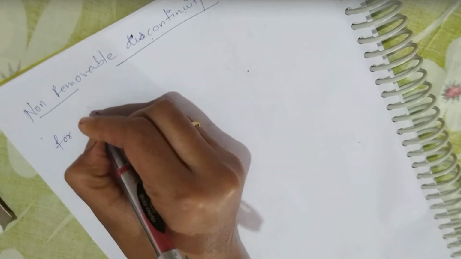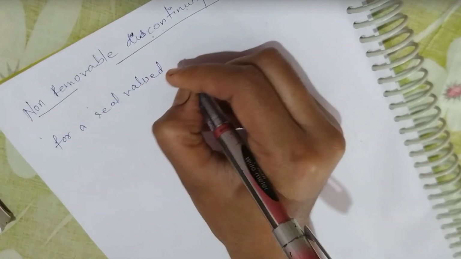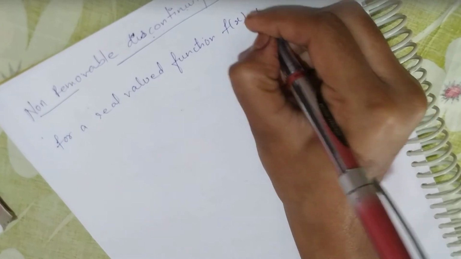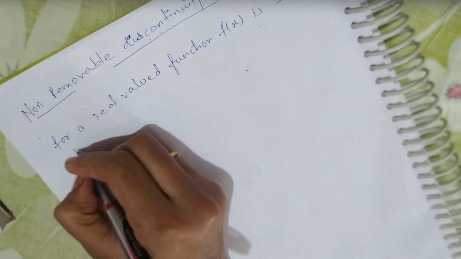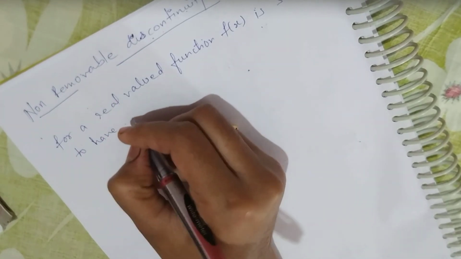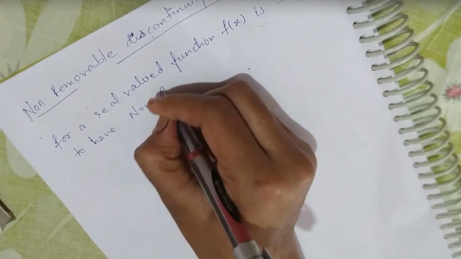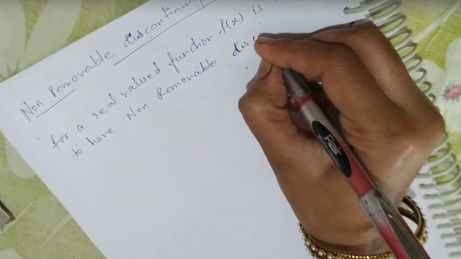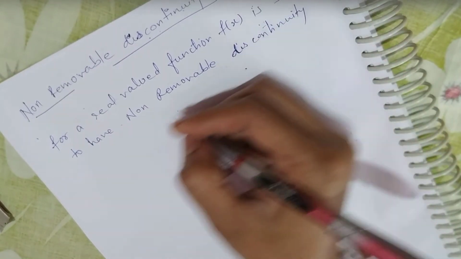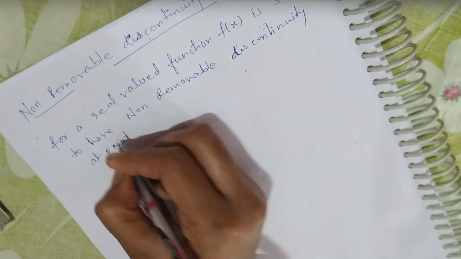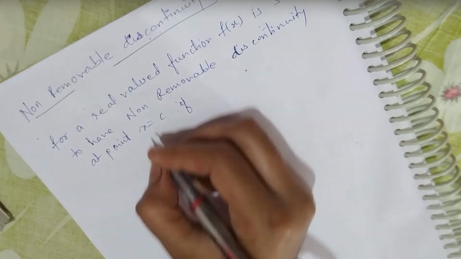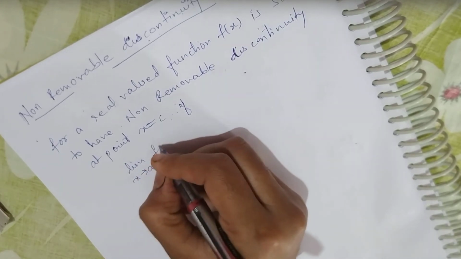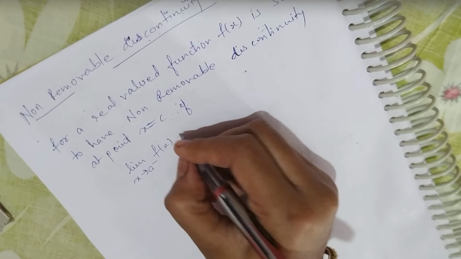For a real valued function f of x, it is said to have non-removable discontinuity at point x is equal to c if the limit of that function cannot exist.